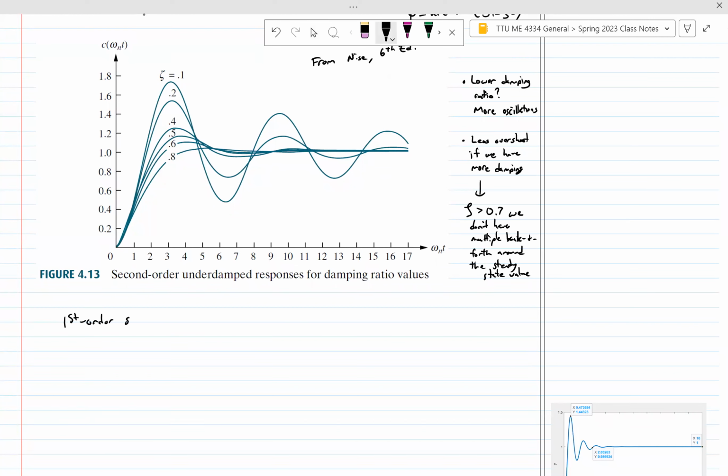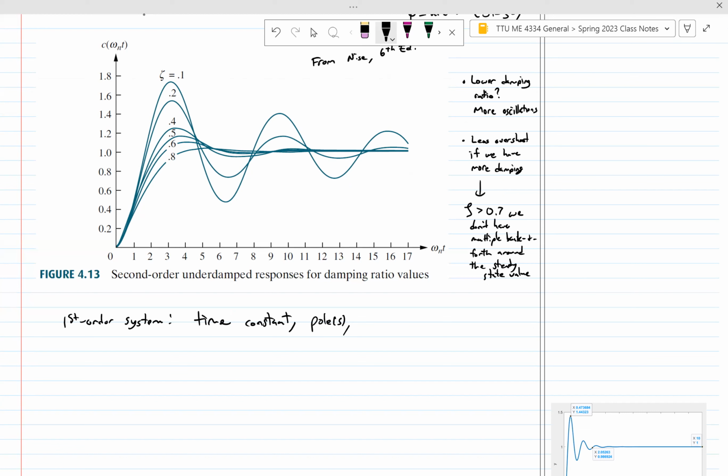First order system, we had our time constant. What else did we have? The poles. Poles are always going to be true for all of these. But yeah, if we wanted to say the pole for a first order system, what else? What was it?